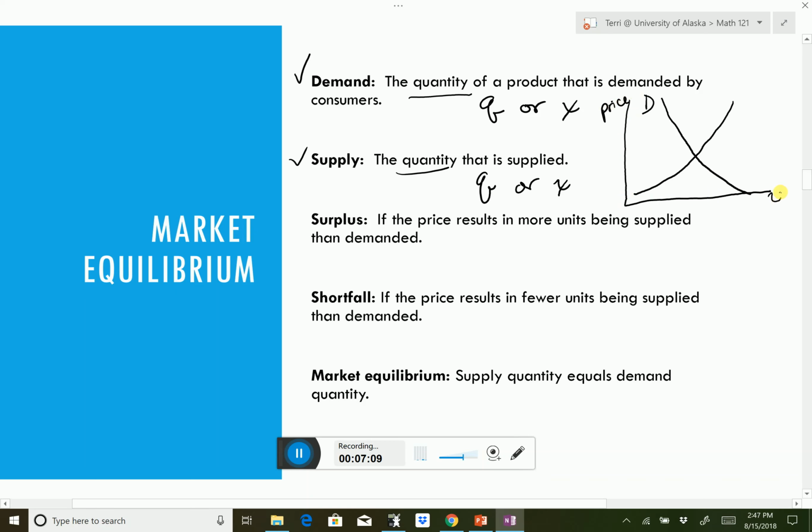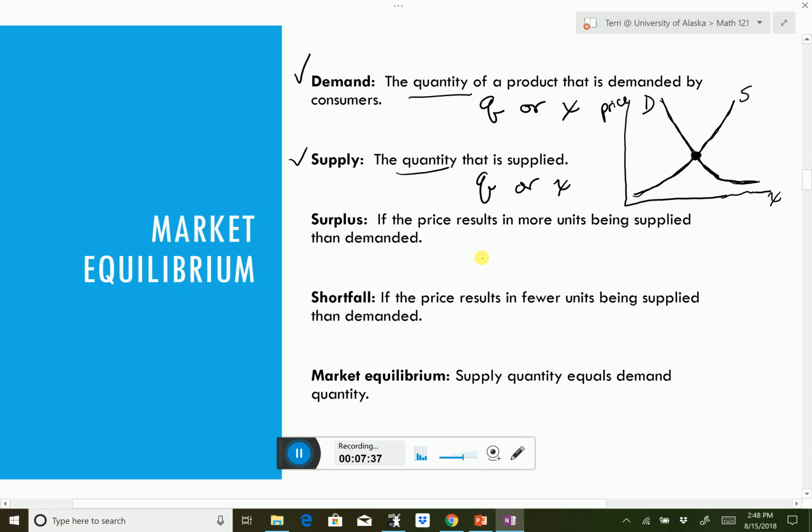This is X. So as the price goes down, more units are being demanded as the price drops. And supply, more units are being supplied. So market equilibrium is happening right at the intersection of those two.